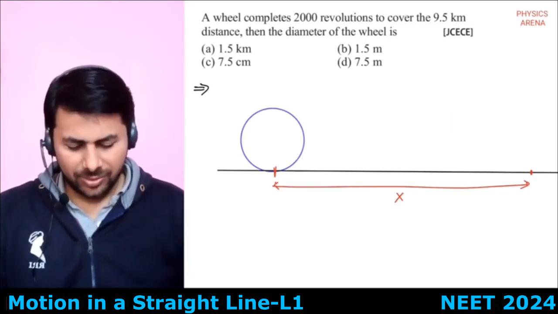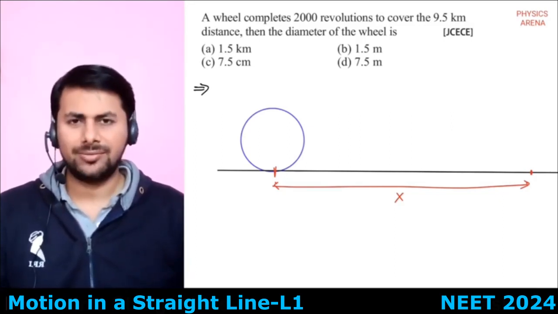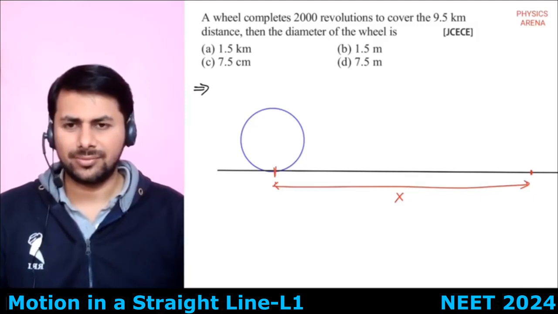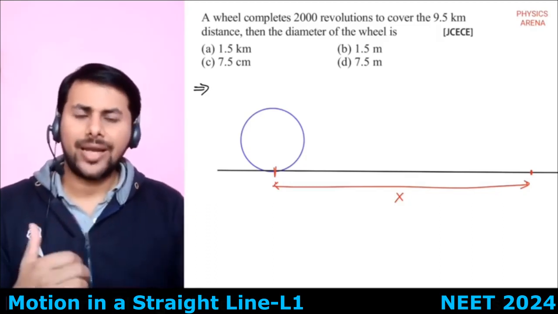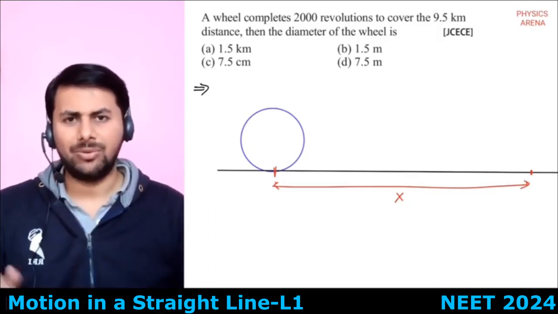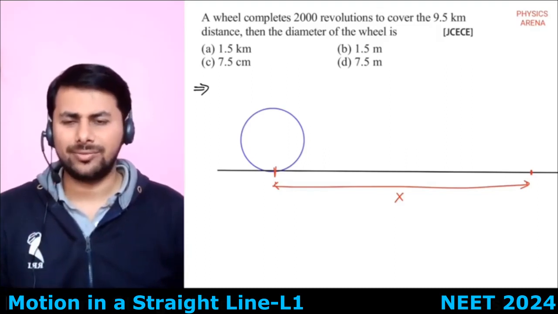Okay, so now can you guess what to do here? Okay, so distance covered in some n revolutions is given. Can you find out distance covered in one revolution?